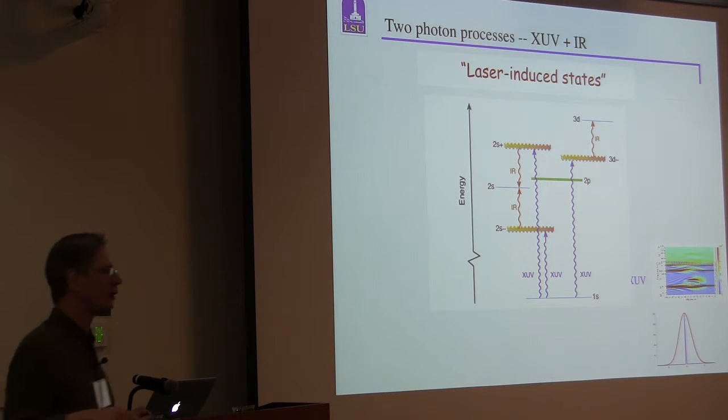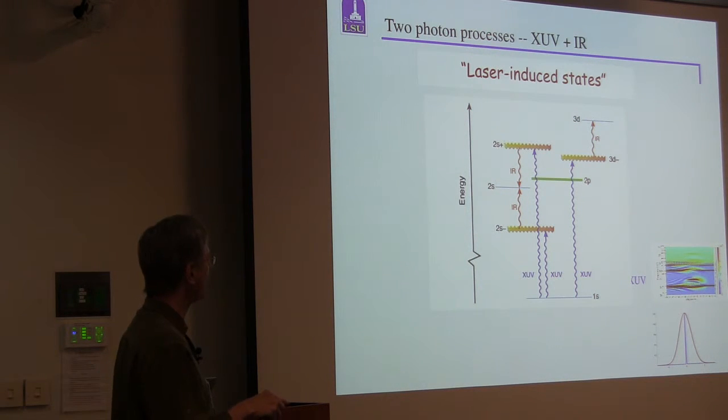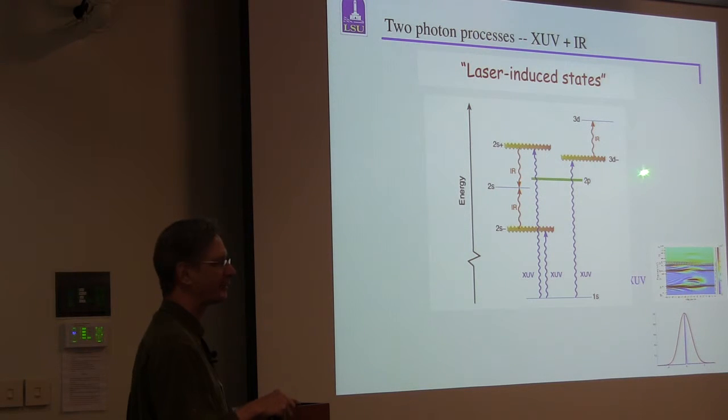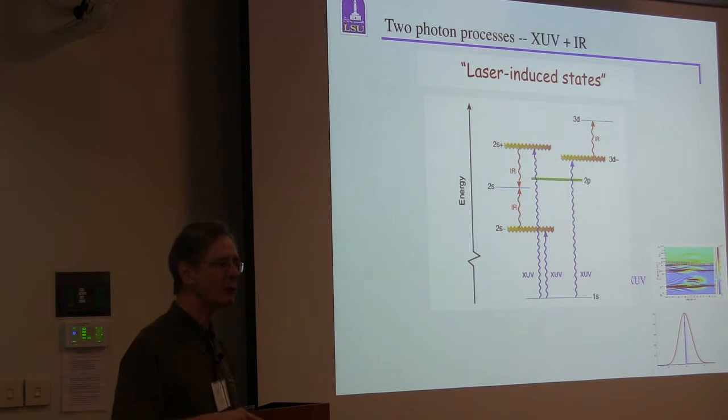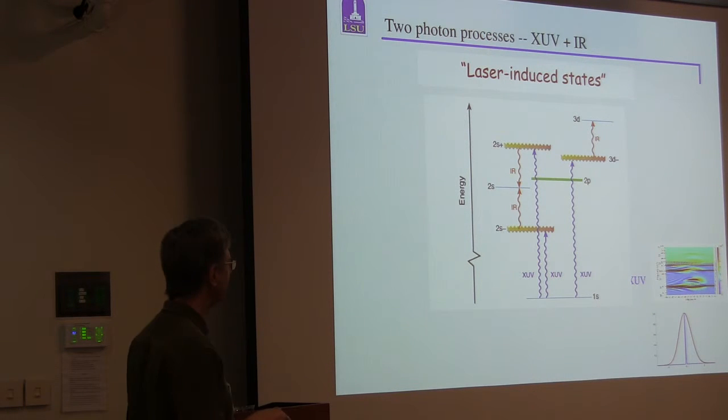So you can start to categorize these things by what is the bright state. For most of the things we were looking at, the bright state that's populated is the 2P, also the 3P up here. And then the IR couples a bright state to a dark state, and it makes 2 light-induced states, one omega above the dark state and 1 omega below the dark state.